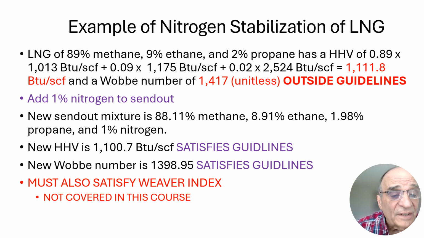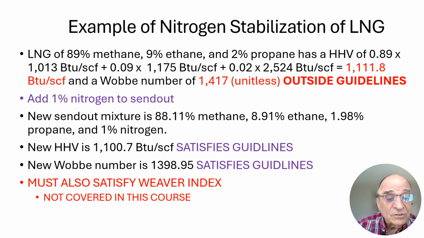What is the new heating value? It is 1,100.7 BTU, which is well underneath the 1,110 BTU, so that satisfies the FERC guideline. The new Wobbe number is 1,398.95, which satisfies the guidelines.